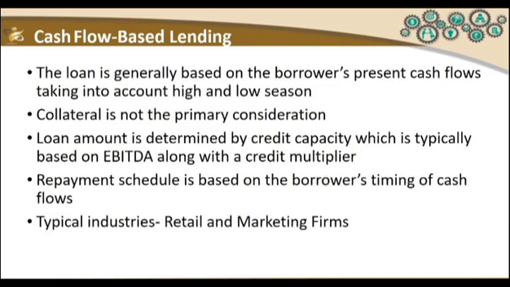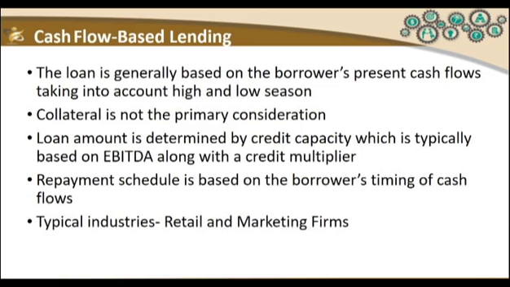Lenders will grant a loan based on future expected revenue that is anticipated from sales, which can be determined by historical sales trend. So what we are trying to say here is that the collateral is not the primary consideration. The main consideration here is only your future expected cash flows.